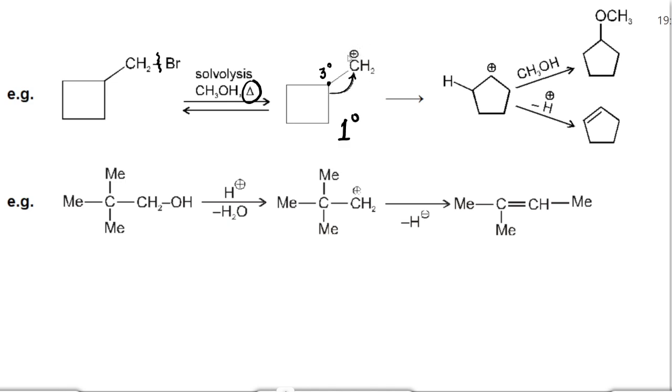Whenever positive charge is on the atom directly attached to the ring, and the ring is 3, 4 or 5 membered, that will lead to expansion of the ring. Because of that this carbon gets positive charge, and then either hydrogen is removed or methanol will attack at this position, and therefore we get two products.